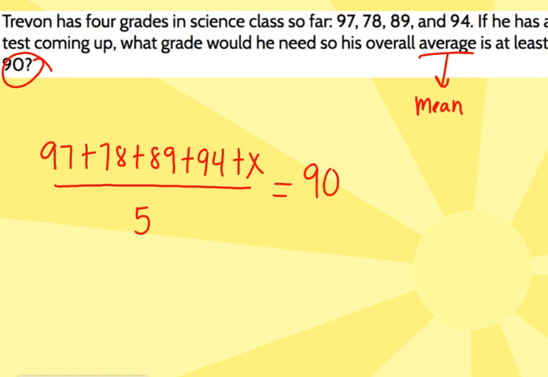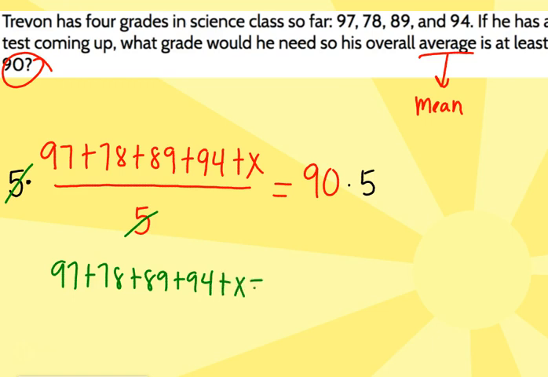And now we just have a normal algebraic problem. How do I get rid of divide by 5? We're going to multiply both sides by 5. So now these 5s on the left will cancel, and then I'll have my top is equal to 450.